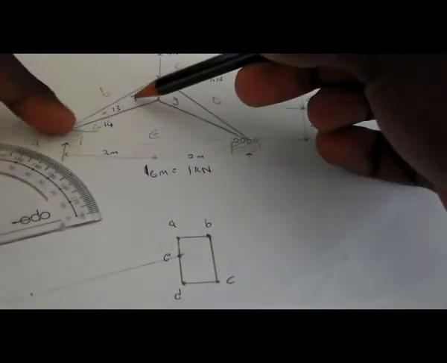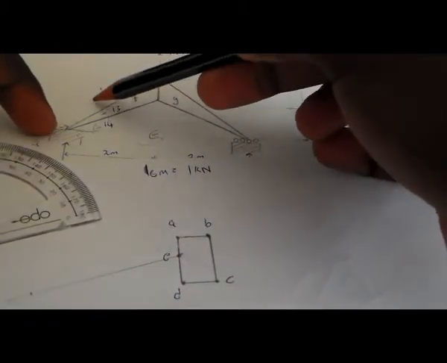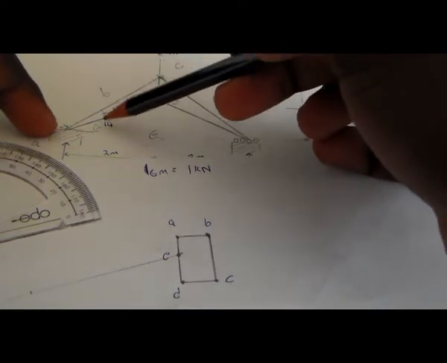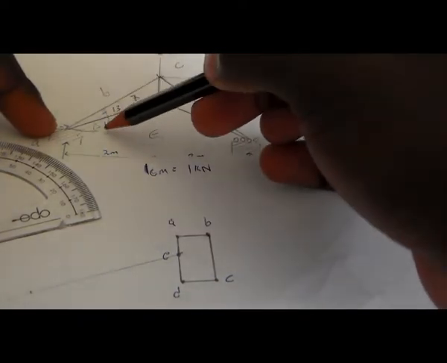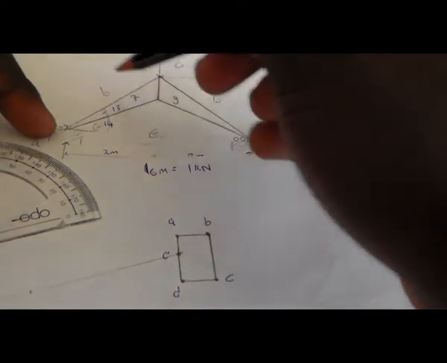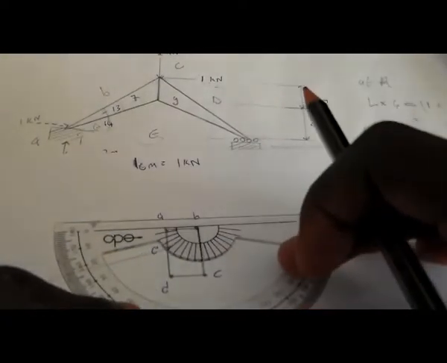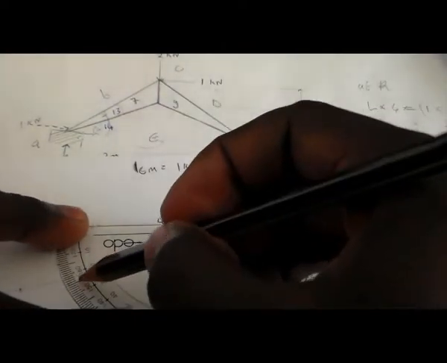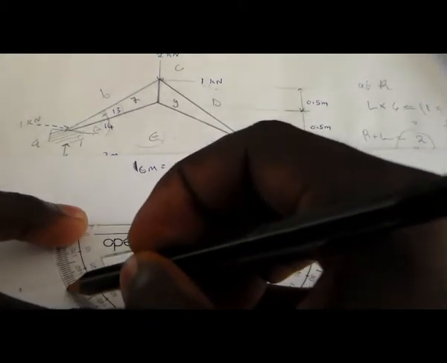Okay, so if you check, F is in line with B. From B to F, we have to consider the whole angle here, which is 27. So we're going to measure 27 from B. This is 27.